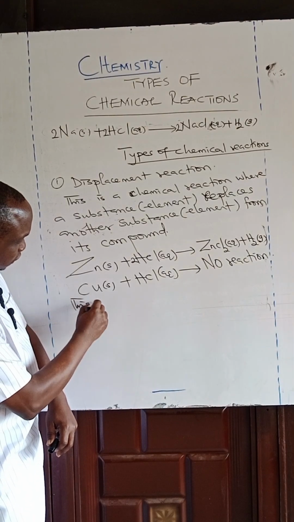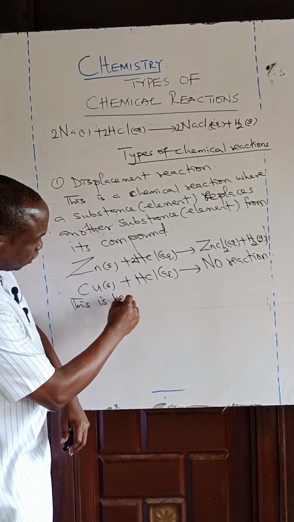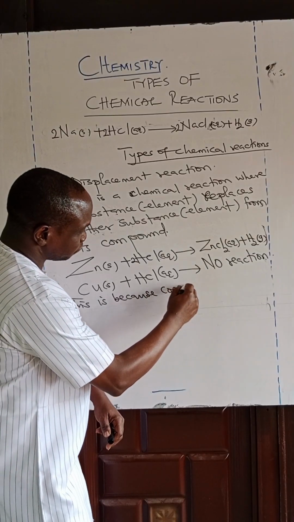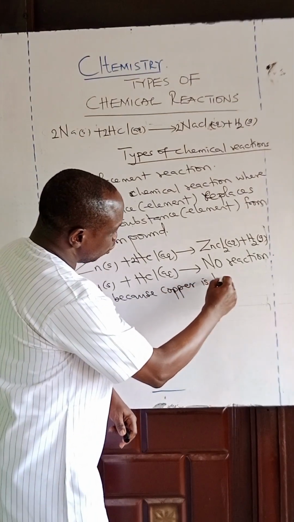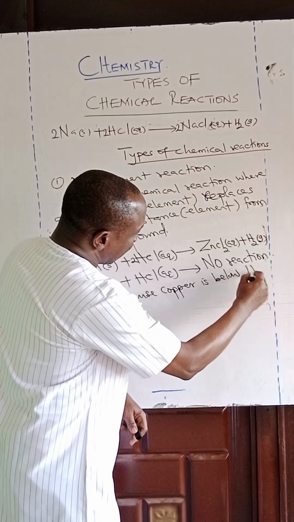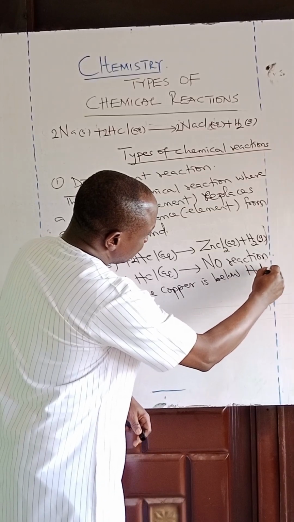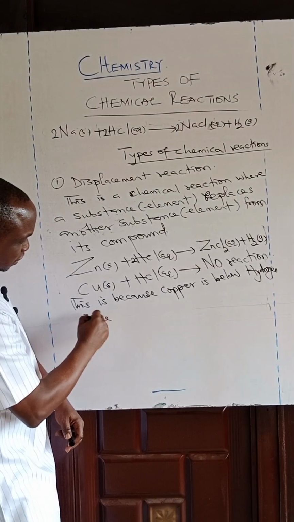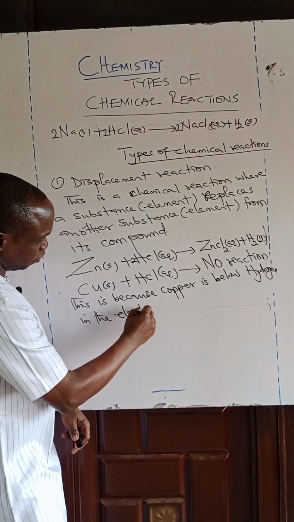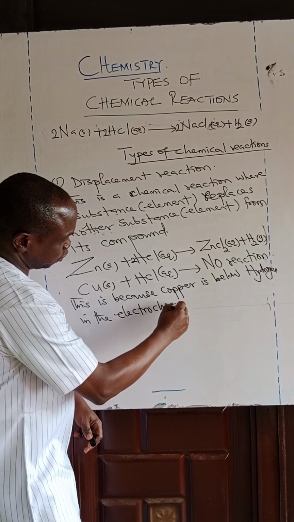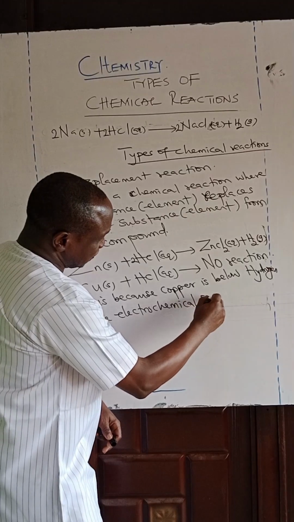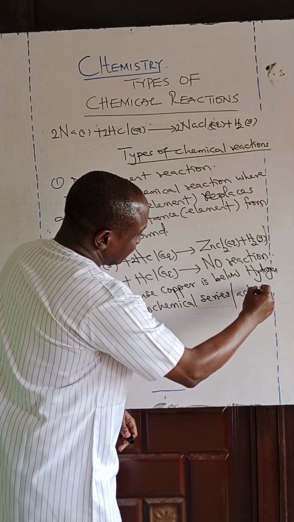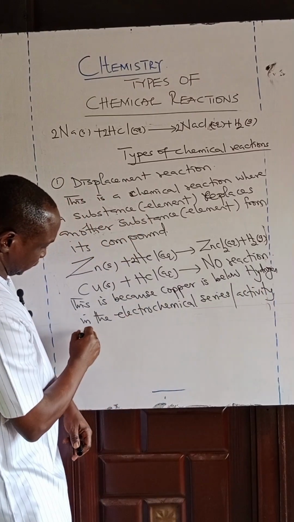So in copper plus HCl, there is no reaction because copper is below hydrogen in the electrochemical series. Another name we call it is activity series.